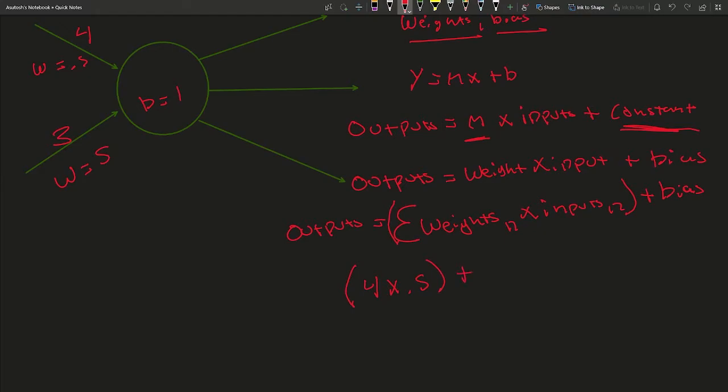So we add that to 3 times 5, because 3 is our input for the other connection and 5 is the weight for that connection. This is then added to the bias, which in our case is 1. If we plug and chug real quick, we'll get 2 plus 15 plus 1. So we get 18 as the output for this neuron. So we'll get 18 coming out here, 18 coming out here, and 18 coming out here.